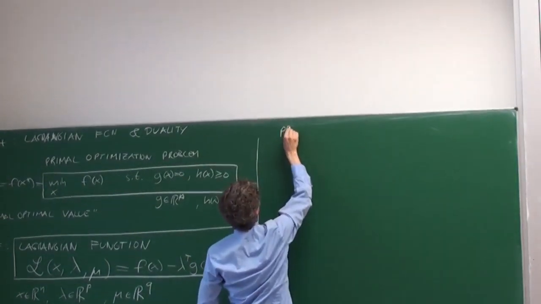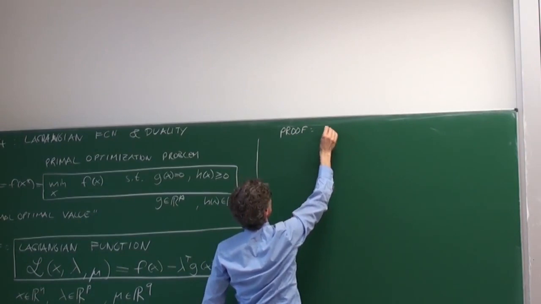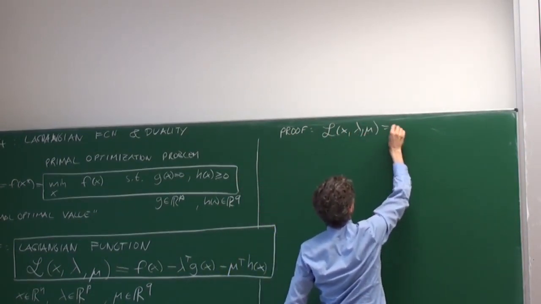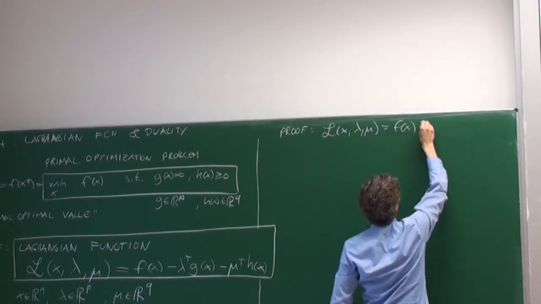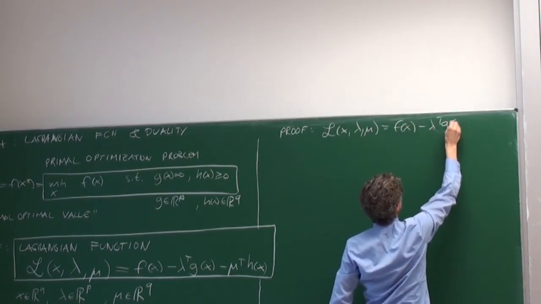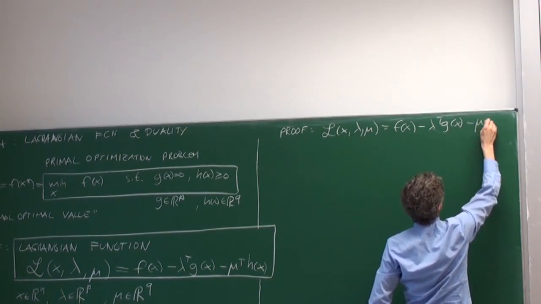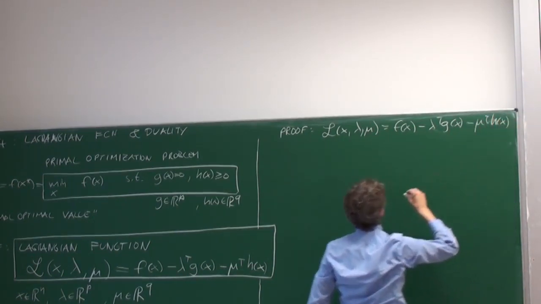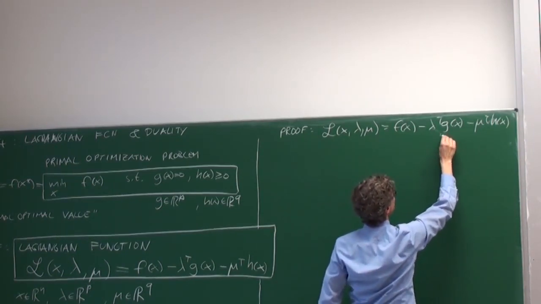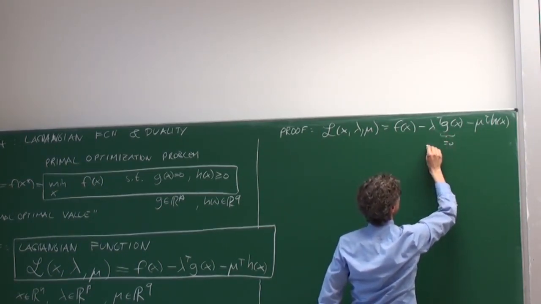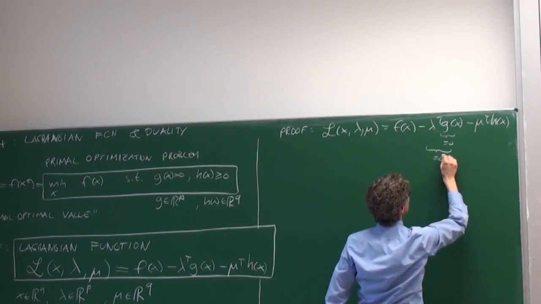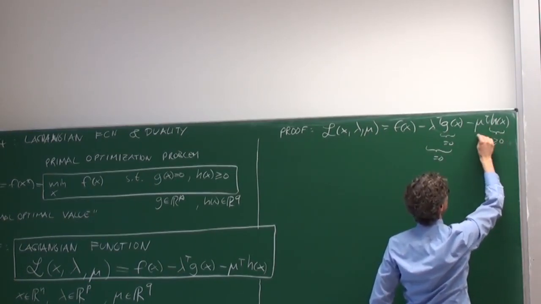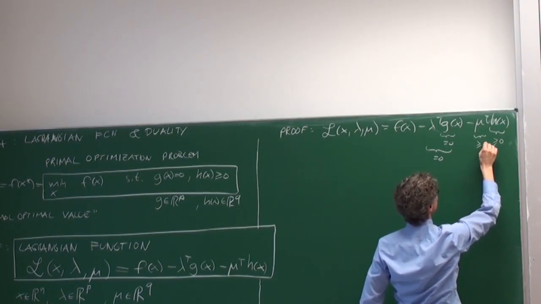So the proof. What is L of x, lambda, mu? It's given by f of x minus lambda transpose G of x minus mu transpose H of x. And because we said that it's a feasible point, this thing will be 0. So this whole thing here will be 0. And because it's feasible, this will be positive, every component. And also this will be positive, every component.